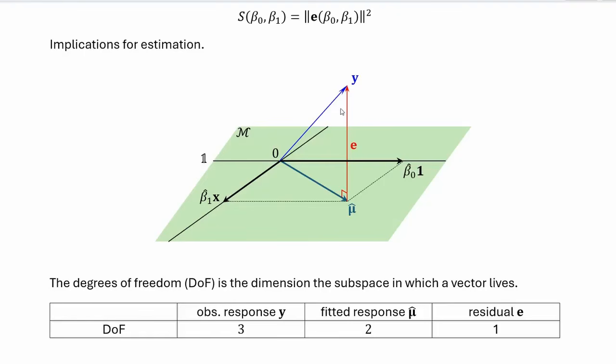So it has maximal degrees of freedom. And the fitted response, by its very nature, lies in the subspace M. So it has only 2 degrees of freedom. And the residual vector e, being always perpendicular to the plane M, has only 1 degree of freedom. e lives in the orthogonal complement. M is 2-dimensional. The full space is 3-dimensional. So e can only lie in a subspace of 1 dimension.